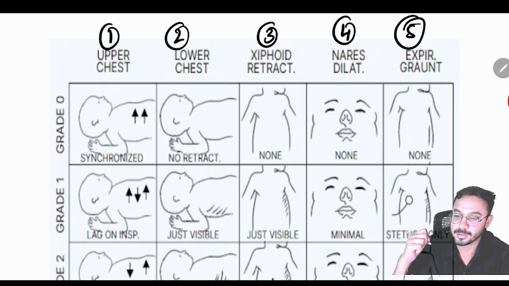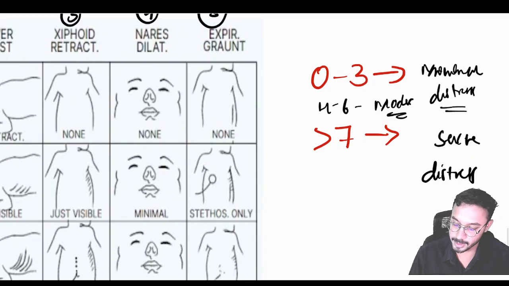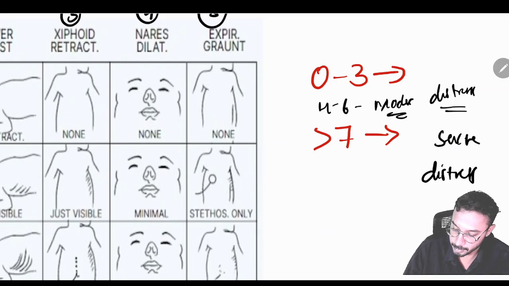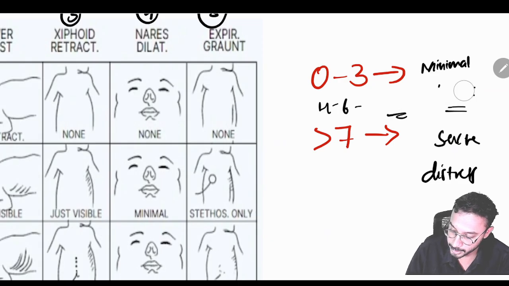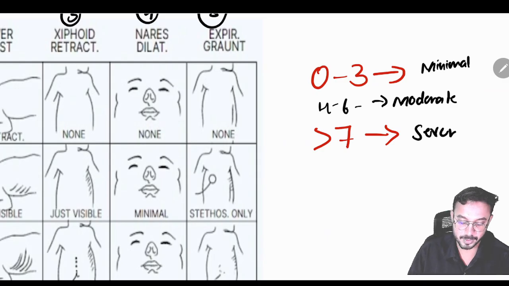These are the signs you will be seeing in the Silverman score. If the score is between 0 to 3, tell me what it is. It is minimal. If the score is between 4 to 6, it is moderate. Greater than 7 is severe. Okay, this is about the Silverman Anderson score.